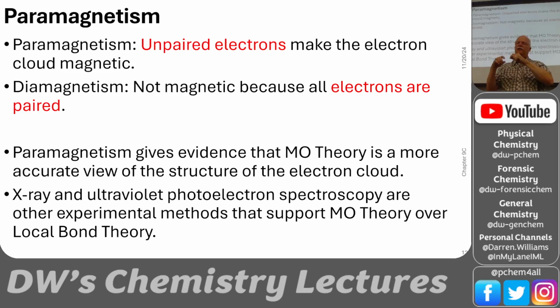So you can condense different molecules, gases, and so on in these test tubes, and if all the electrons are paired up, then the molecule can go in and out of the magnetic field with no drag, right? But if you have something like oxygen with unpaired electrons, you put that in a magnetic field, then those electrons all align with the magnetic field, and you try to pull it out of the magnetic field, and you can measure that force on a balance.